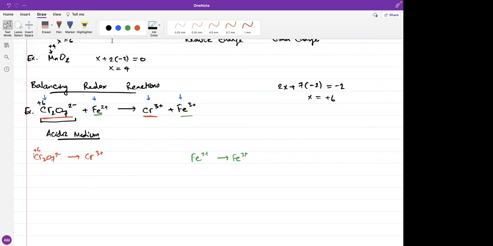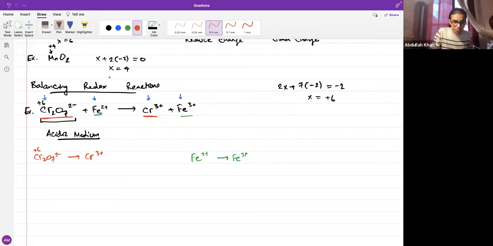Reduction left, oxidation right. Exactly. Left is reduction because the charge is going down, +6 to +3. So this is the reduction half. And the right-hand side is the oxidation half.